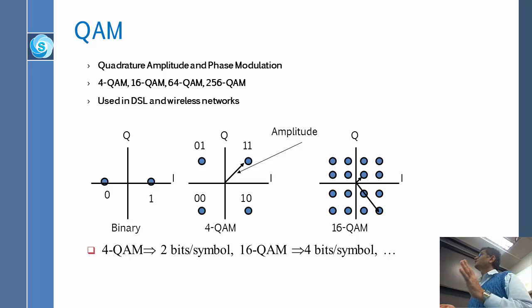But there are 4 points, so we call it 4 QAM. But you don't need to have 4. You could have 16. How 16? Because now we have 4 inside and then we have these outside. We measure the amplitude and the phase, and we then get 4 bits at the same time. With this we get only 1 bit at a time, in this we get 2 bits at a time, in this we get 4 bits at a time.